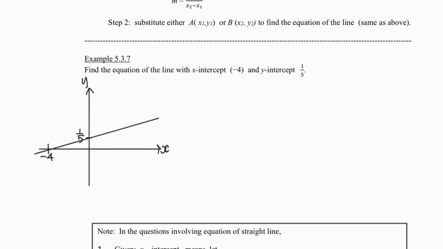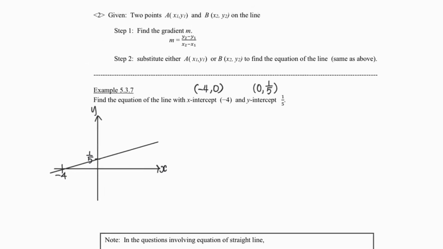So this will be the line. If I give you y-intercept, this means that the coordinates of y-intercept is 0, 1 over 5. The coordinates of the x-intercept is x is negative 4, y is 0.